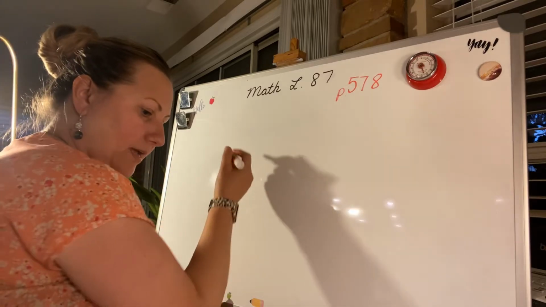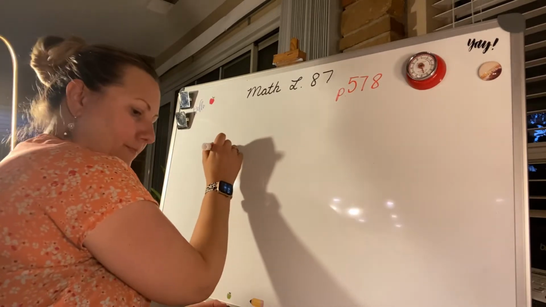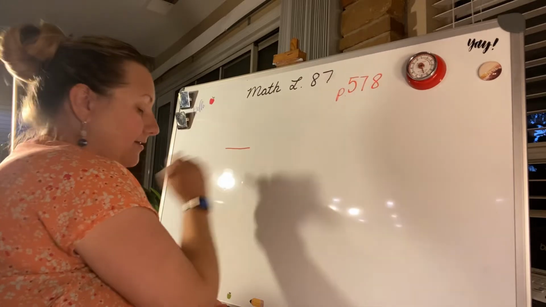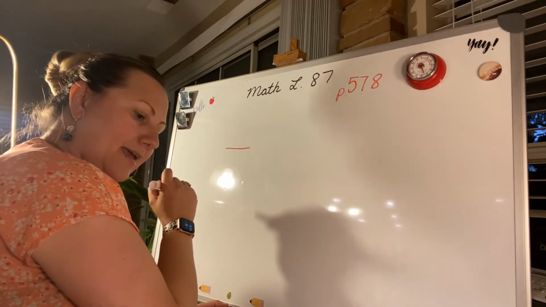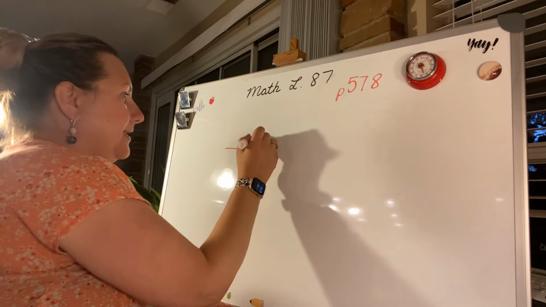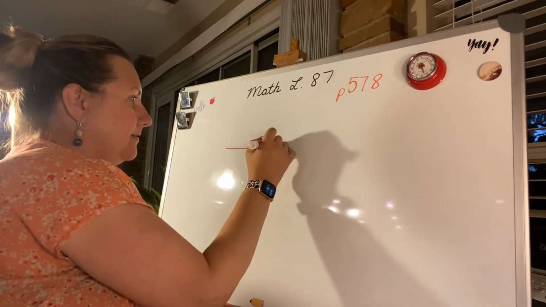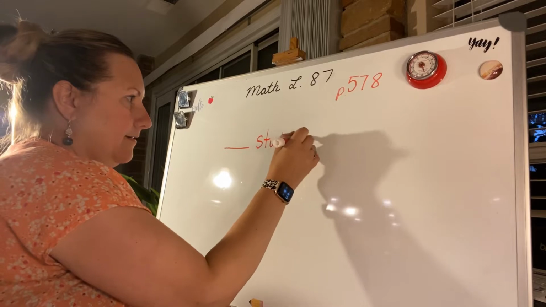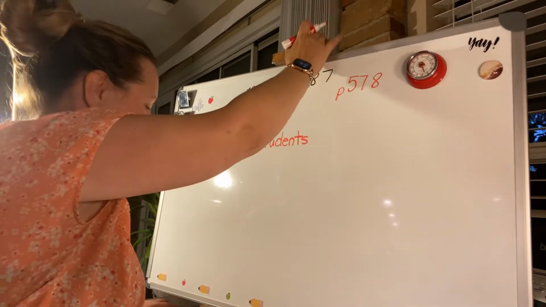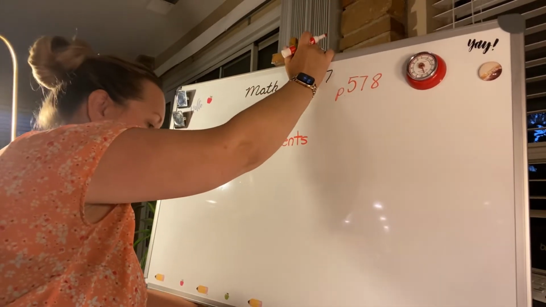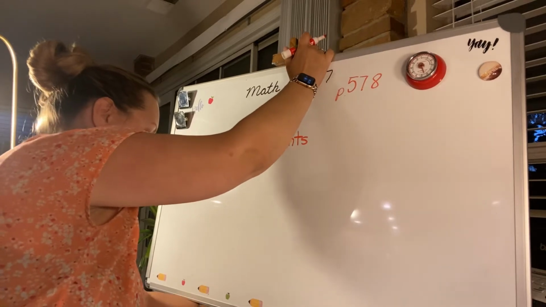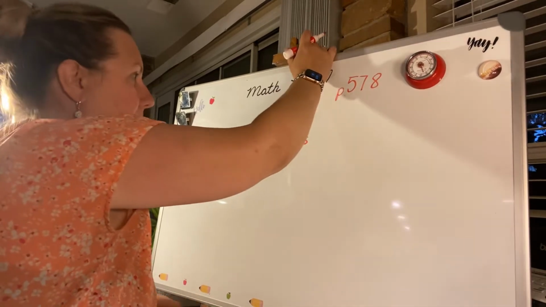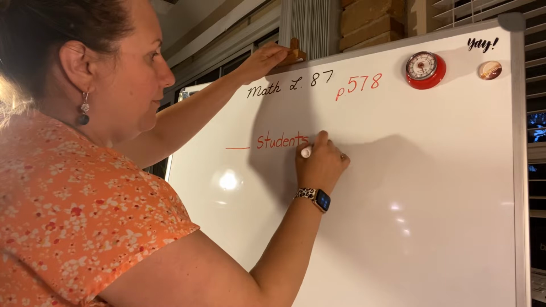The first one will be drawing a line and saying how many students per car or per vehicle. Okay, how many students per vehicle?